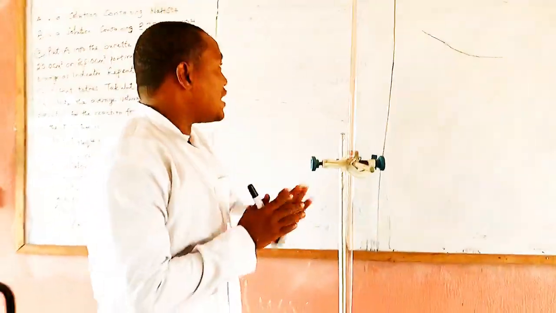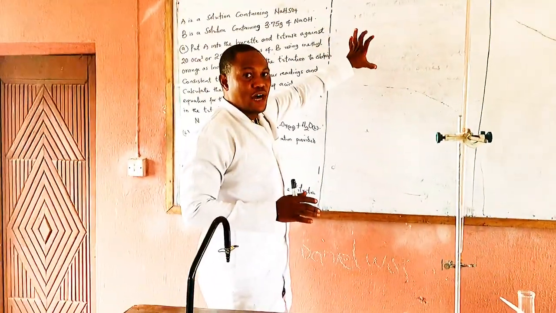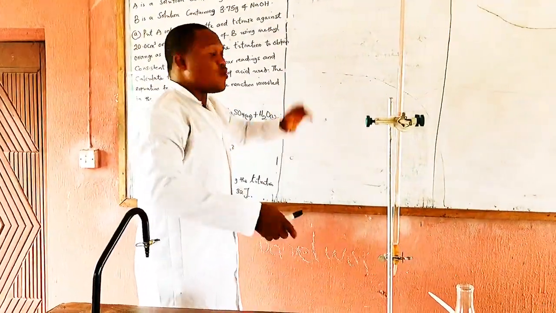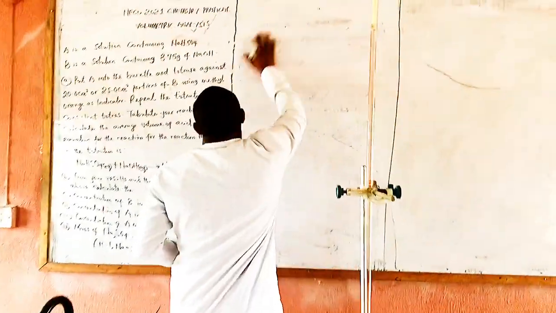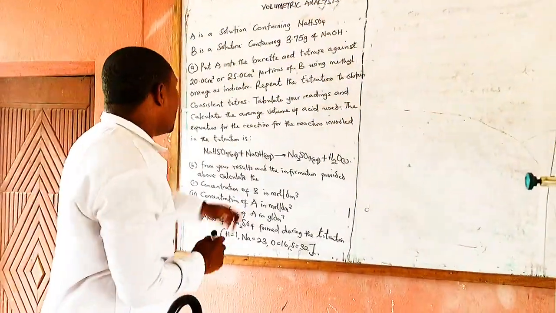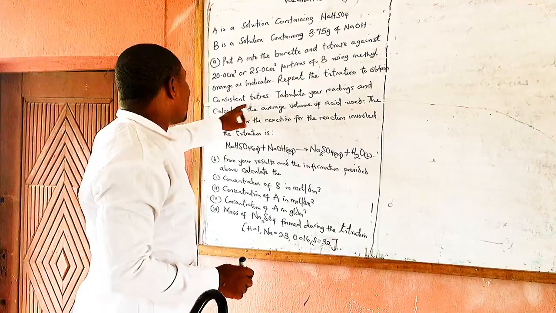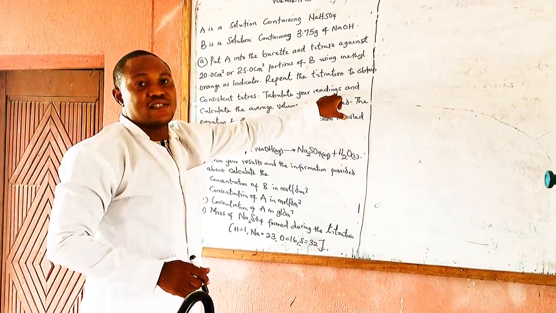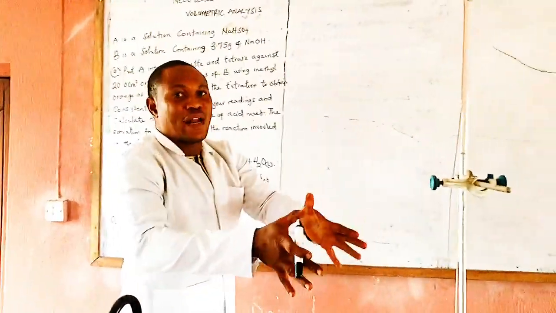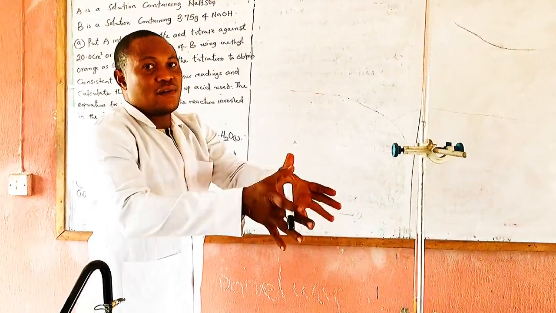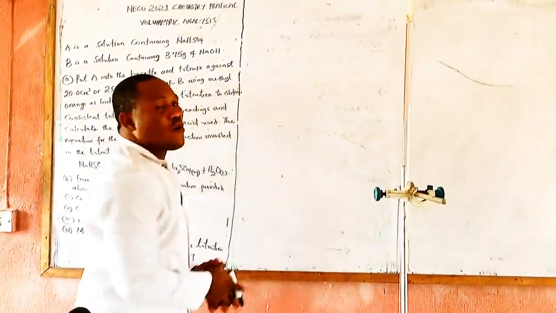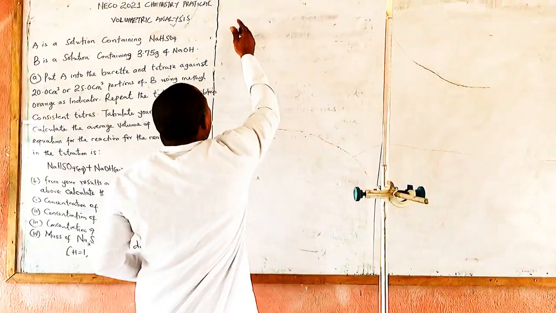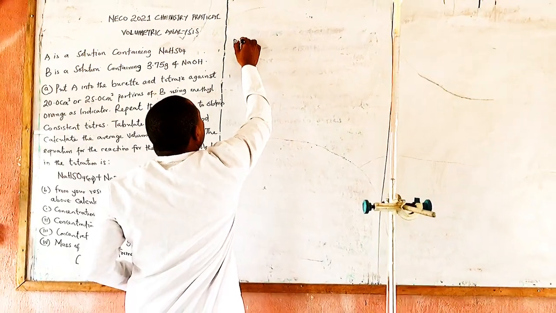Before I do that, of course, I'll prepare my table because I want to begin the practical. We are instructed to repeat the titration to obtain consistent titers and tabulate your readings. So I want to have a table so that when I get any value on my burette, I can record it in my table.